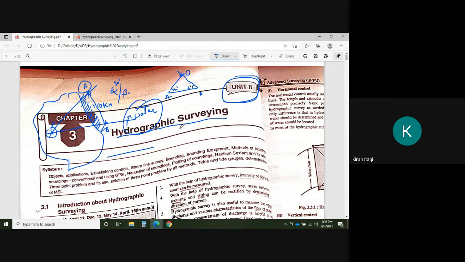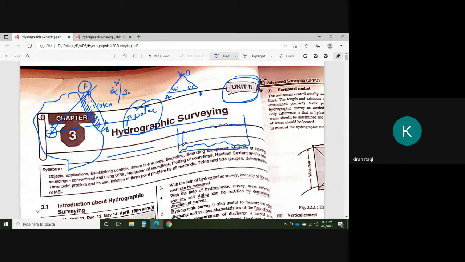And before going to that, we will determine the water depth. Say this is your sea level, and at the bottom it will be like this.